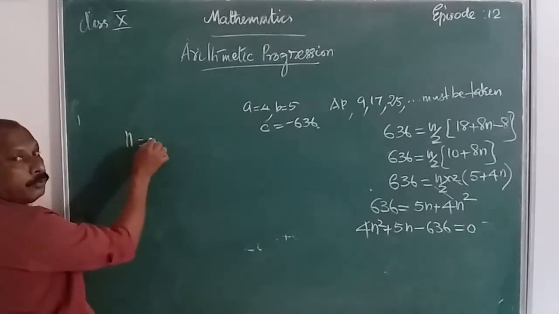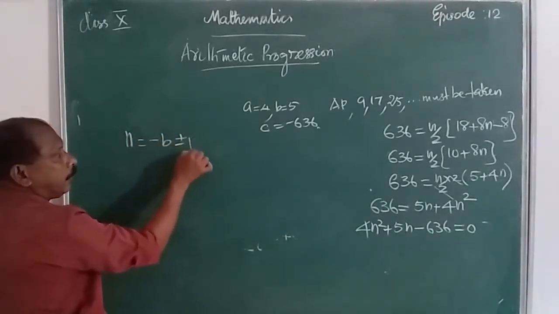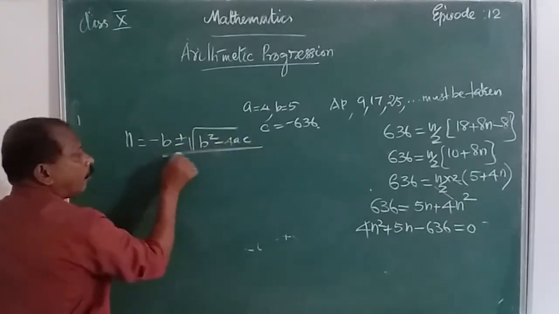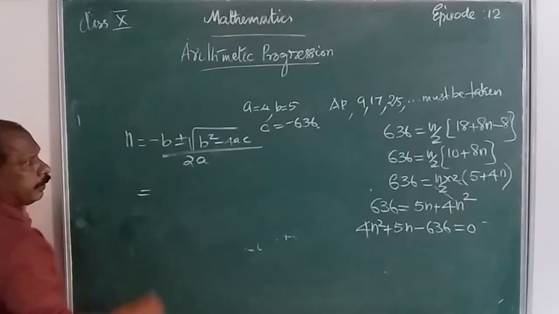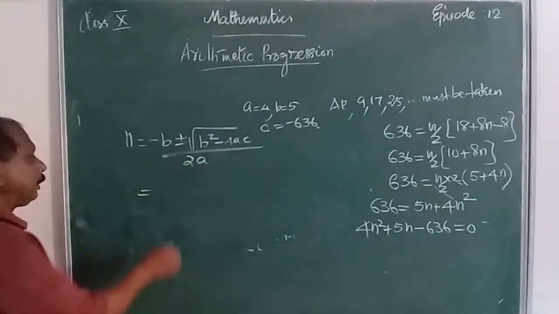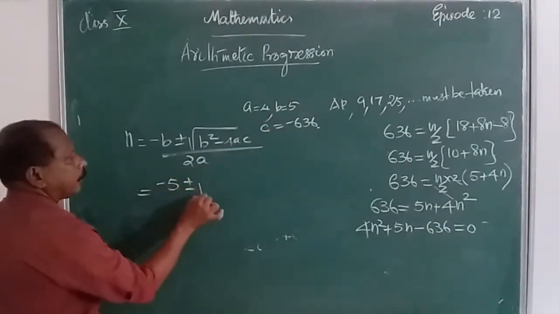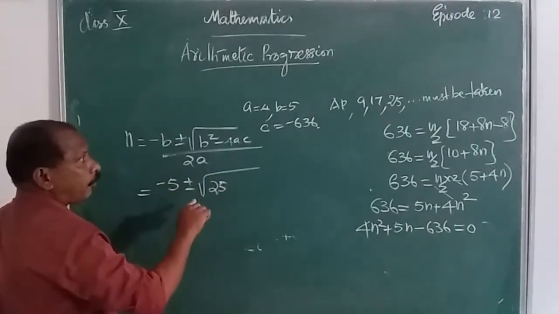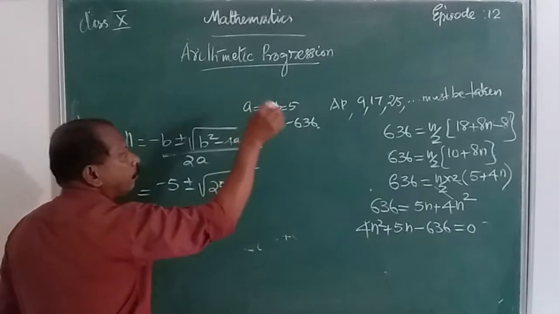n is equal to, what is the formula? Minus b plus or minus root of b square minus 4ac, divided by 2a. What is b? 5. Therefore minus b is minus 5, plus or minus root of b square, 5 square, that is 25, minus 4 into 4 into minus 636.